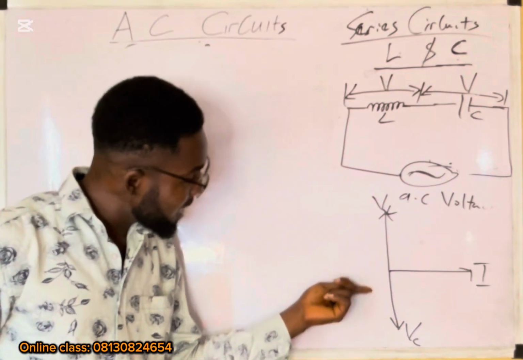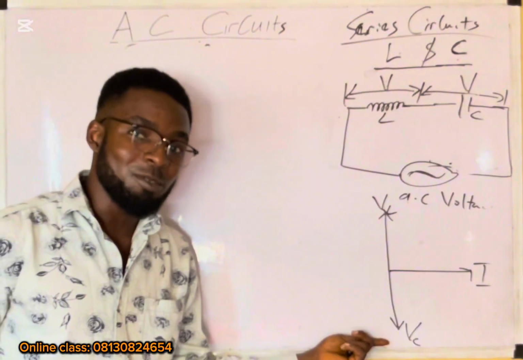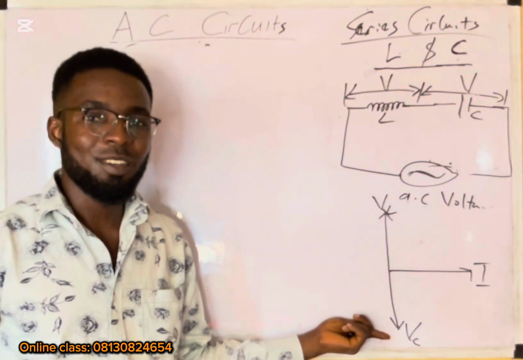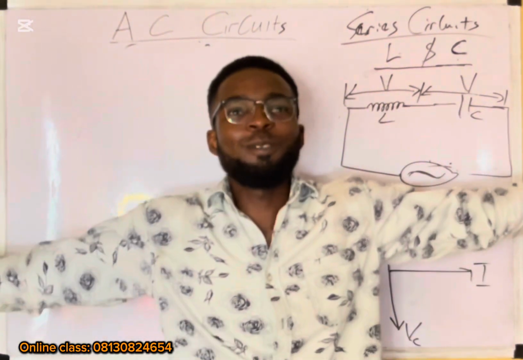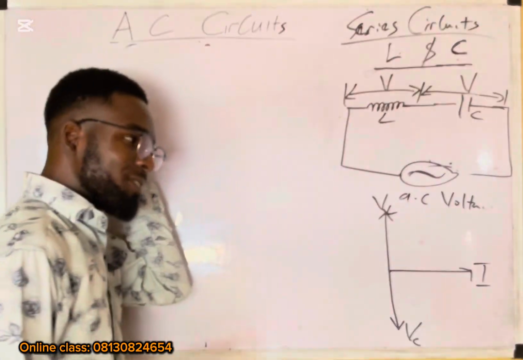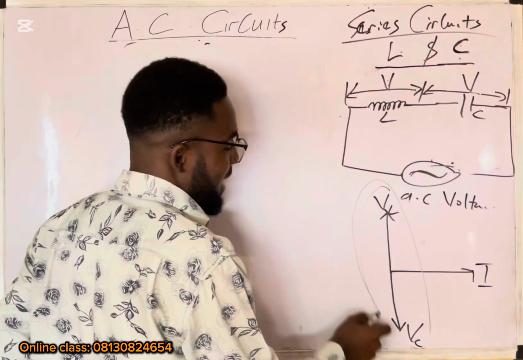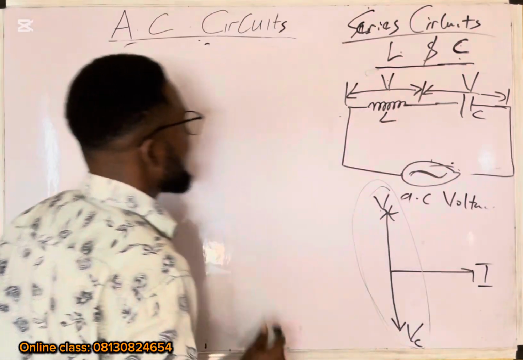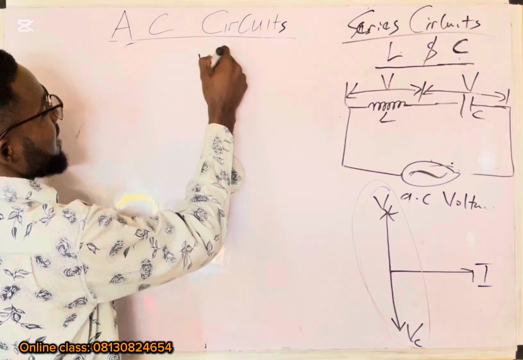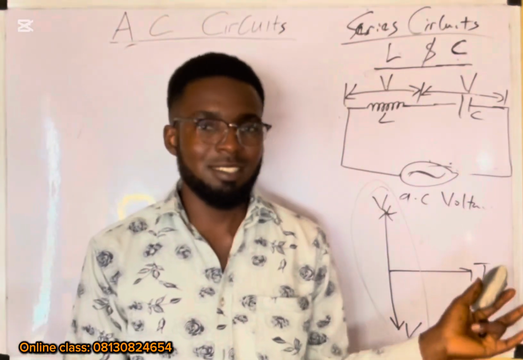You can see that the voltage across the inductor is in the opposite direction to the voltage across the capacitor. They are set apart, so this is a vector field. To get the voltage here, we just subtract.